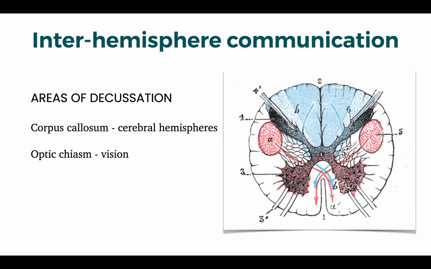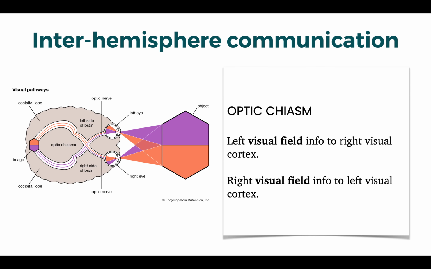The next area of decussation in the central nervous system is the optic chiasm, and this has to do with vision, so we will talk much more about this when we talk about vision. Essentially, here's the optic chiasm, and here are the optic nerves behind the eyes. The eyes get information and pass it along the optic nerve to the optic chiasm, and here is where information decussates. So we have a left visual field and a right visual field.